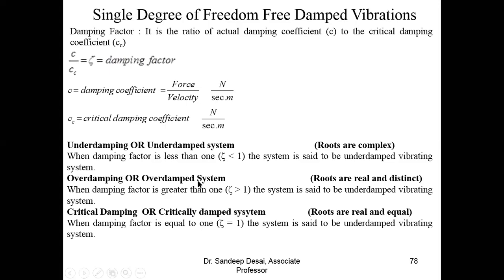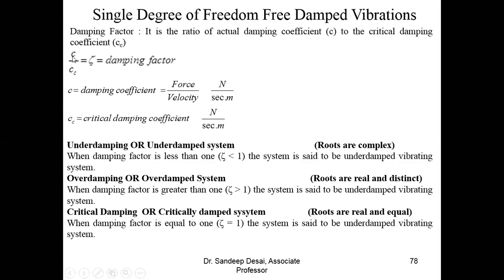So as to connect this with the earlier slide, I just want to tell you that it depends on the value of zeta. Zeta is equal to 1, or zeta is less than 1, or zeta is greater than 1. And zeta is nothing but the damping factor, or damping ratio.